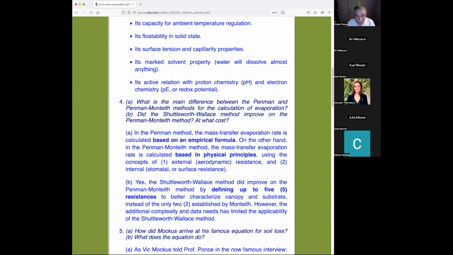If you can find the external or aerodynamic resistance and the internal or stomatal resistance, then you have a better answer than Penman's.